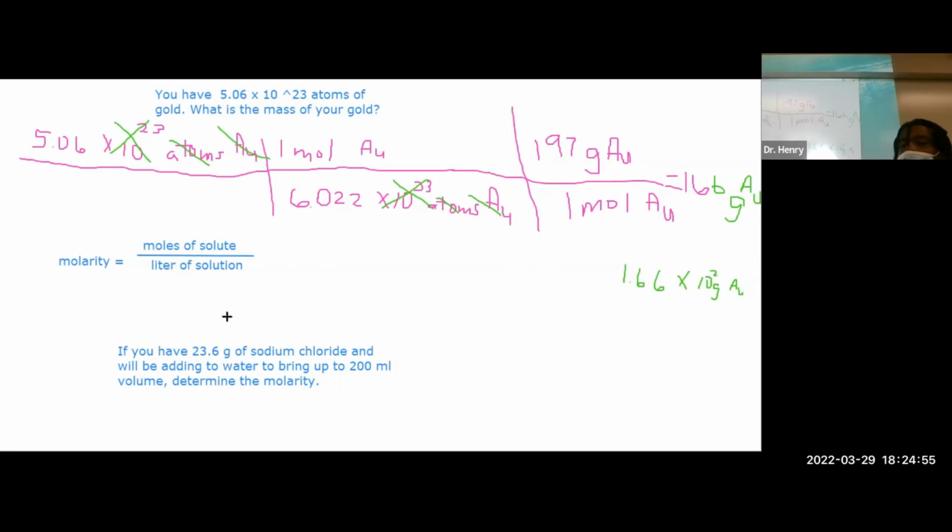Okay, knowing that, can you guys calculate the molarity in the next problem? We'll move it up so you guys can see it a little bit better.